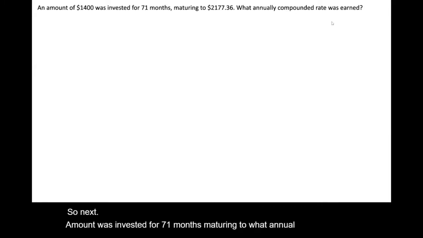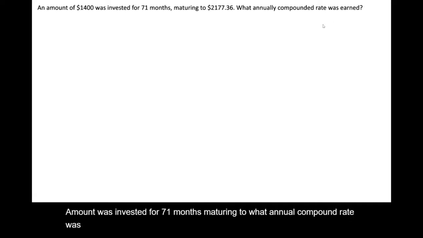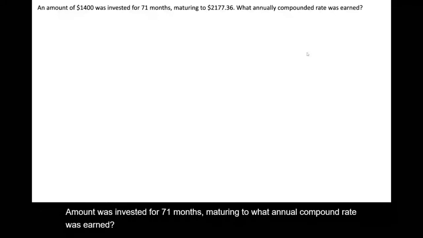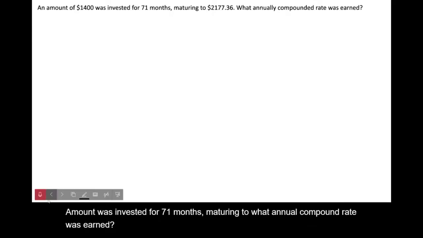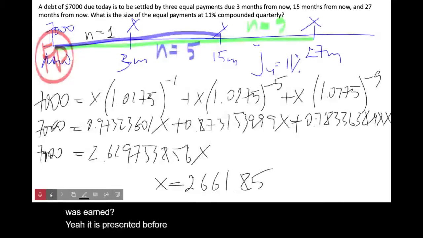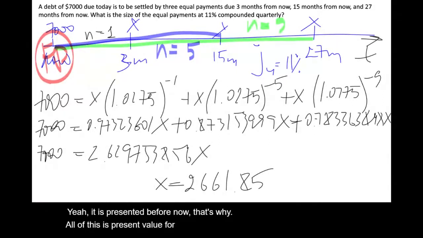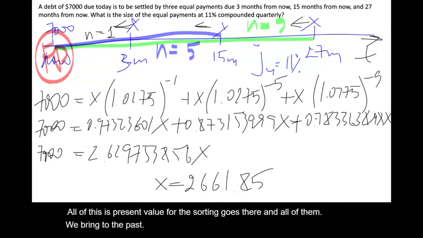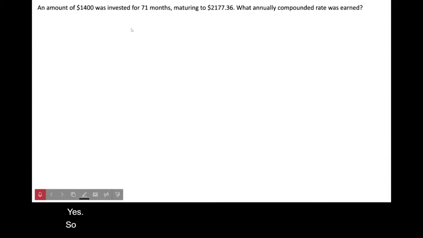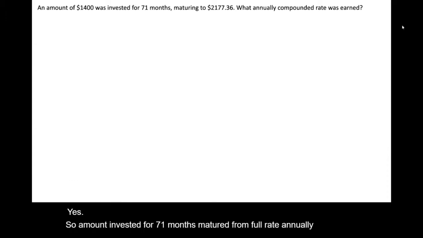What annual compound rate was earned? Yeah, it is the present value formula. All of this is the present value formula. So T goes there and all of them we bring to the past.